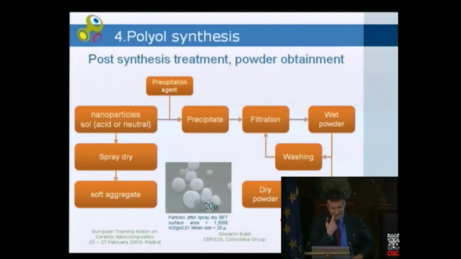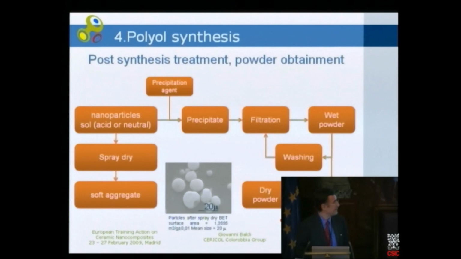We can also have another post-synthesis treatment for powder obtainment. This is a scheme for going from nanoparticle sol to powders. There are mainly two routes. The first is to precipitate the nanoparticles, filtrate them, obtain a wet powder with repeated washing treatments, then dry it.